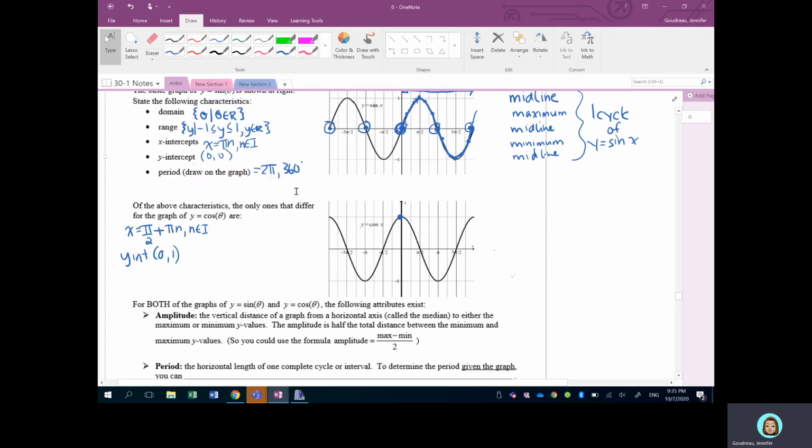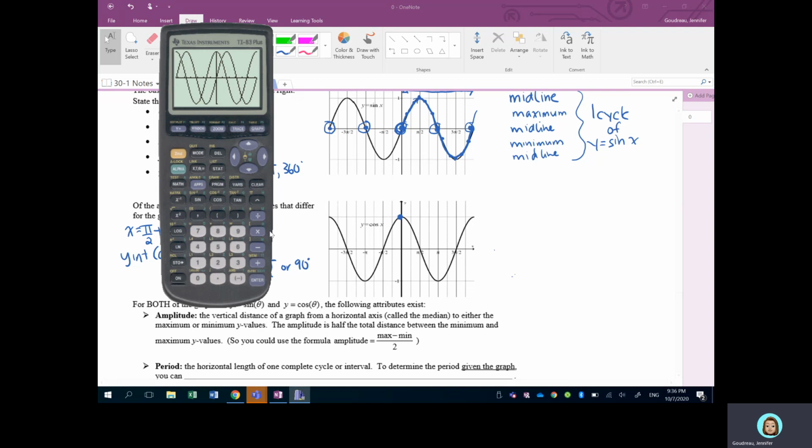So what we're going to say is that sine and cosine differ by a shift of pi over 2 radians or 90 degrees. And we could shift it either way. So if we look at the cosine function, if I could shift it to the right pi over 2 or 90 degrees, it would become sine. And if I could shift sine to the left 90 degrees or pi over 2, then it would become cosine.